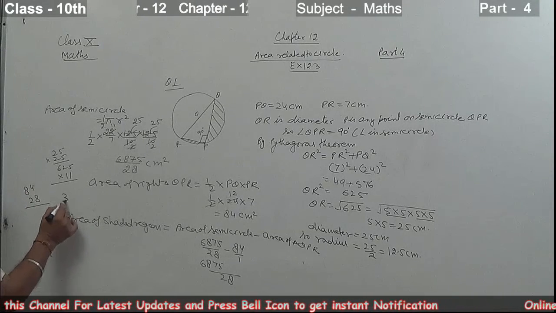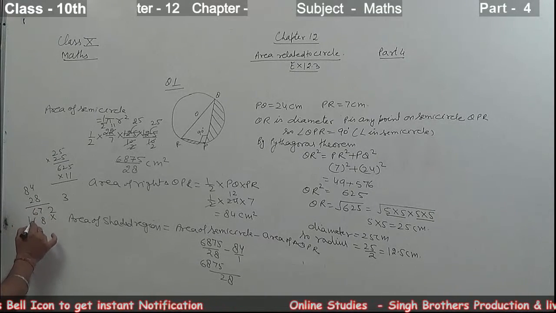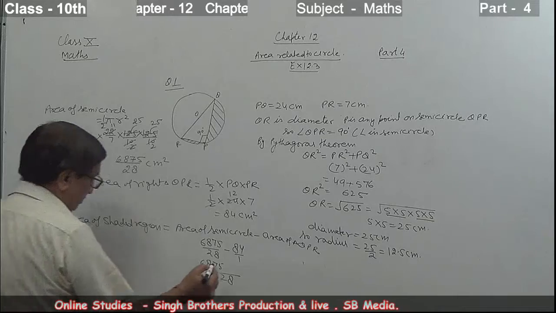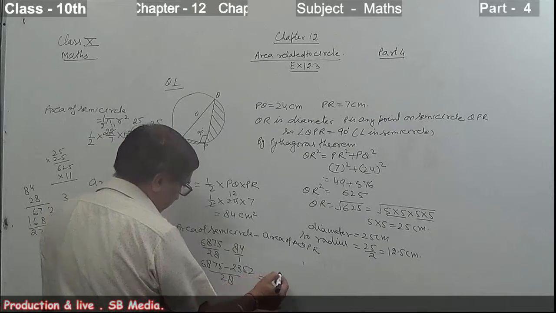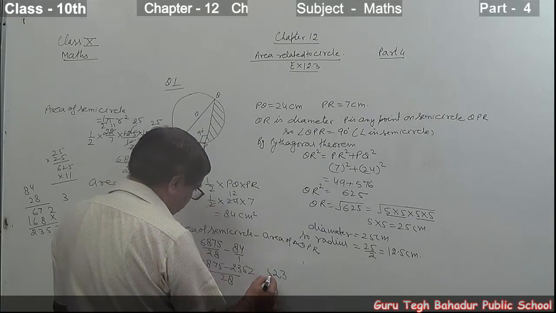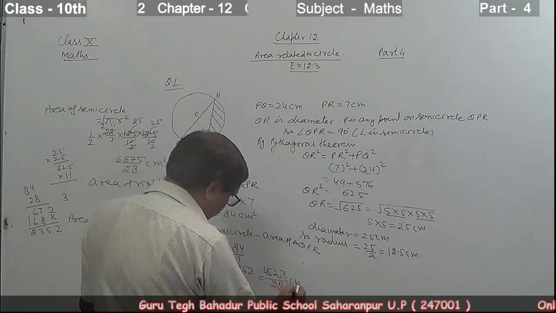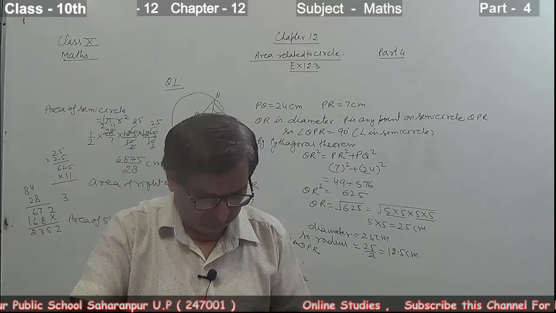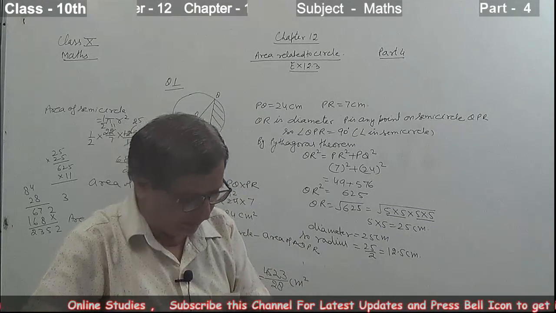Subtracting, 5 minus 2 is 3, 7 minus 2 is 5, 8 minus 3 is 5, 6 minus 2 is 4, upon 28 centimeter square. 4523 upon 28 centimeter square is the answer.